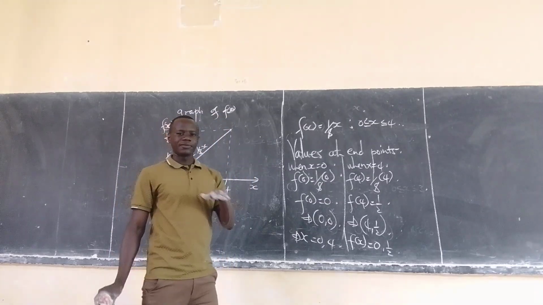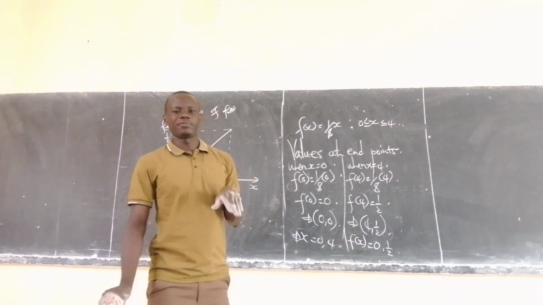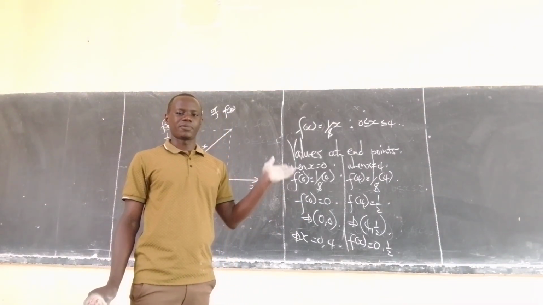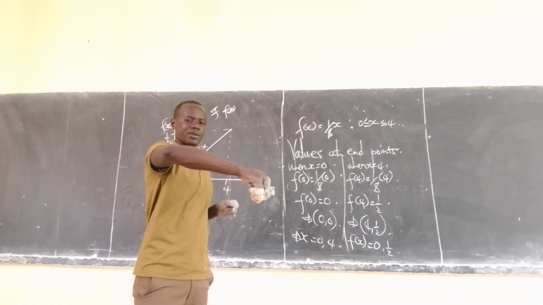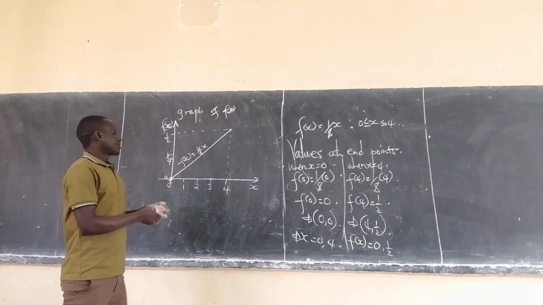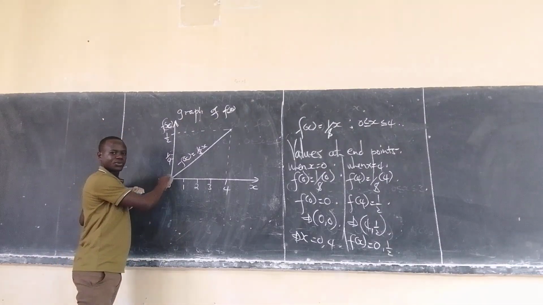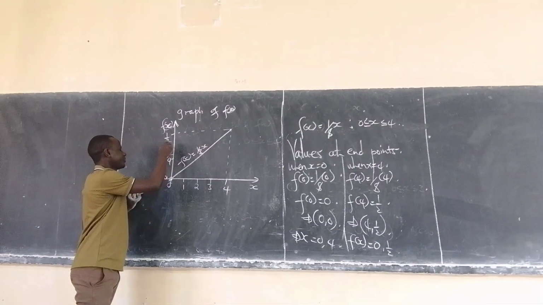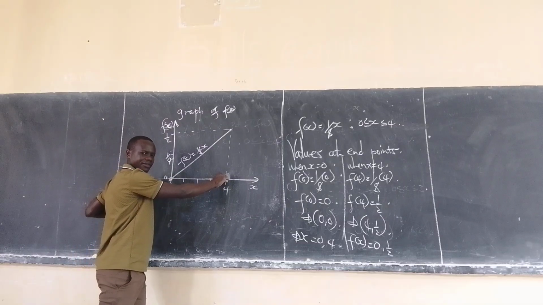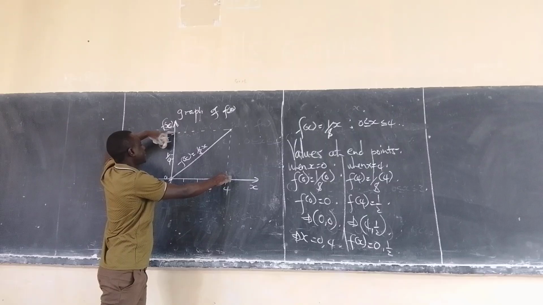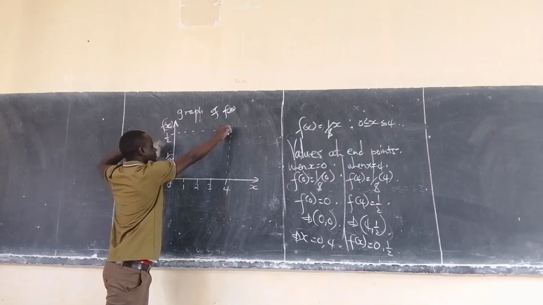Since all the other values in between will be giving least values compared to the extreme end points, especially on your right. So our first end point is when x is 0, f of x is also 0. The last one is when x is 4, f of x is a half.